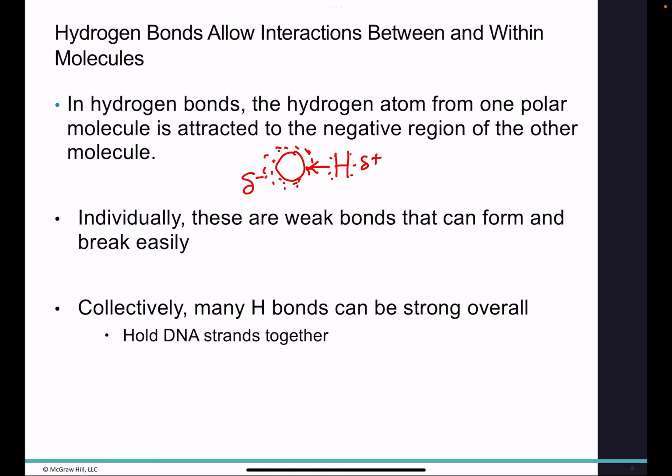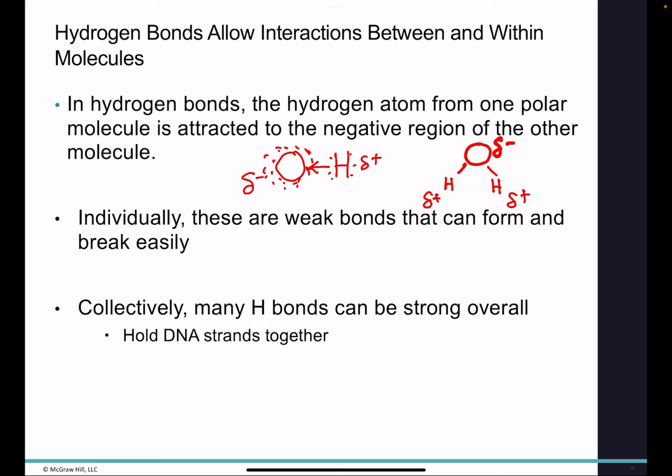So commonly, we see this in water molecules, and water molecules are going to be the most common hydrogen bonds that we are going to see. And that's because we get a strongly negative region around the oxygen and a positive region around those hydrogens. So a hydrogen bond is an attraction rather than the sharing of electrons.